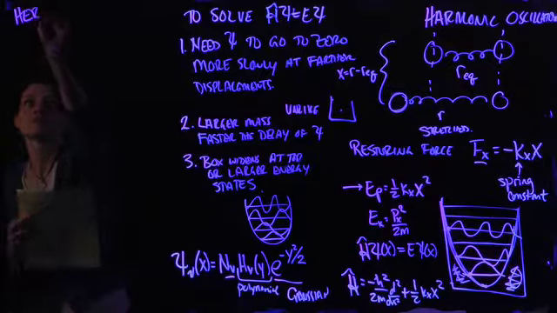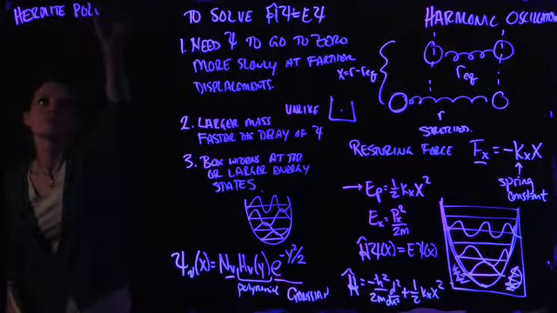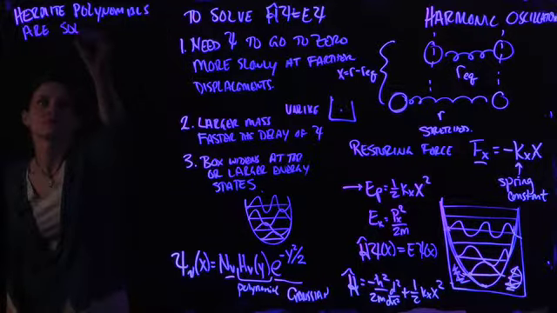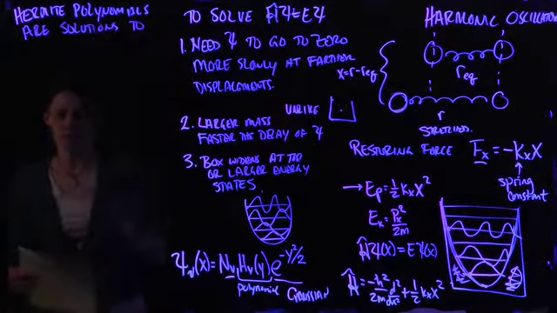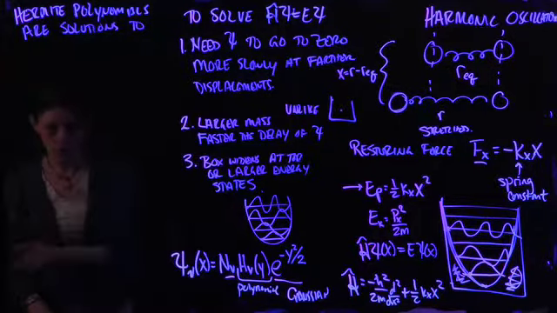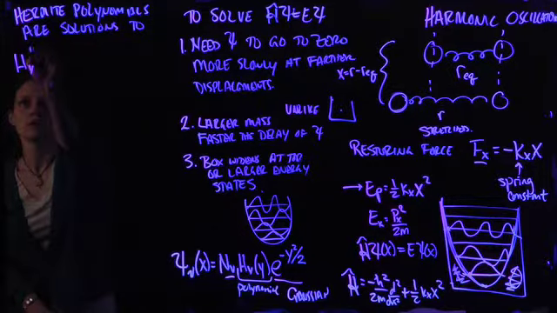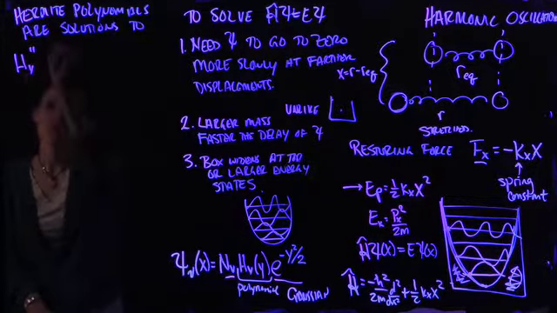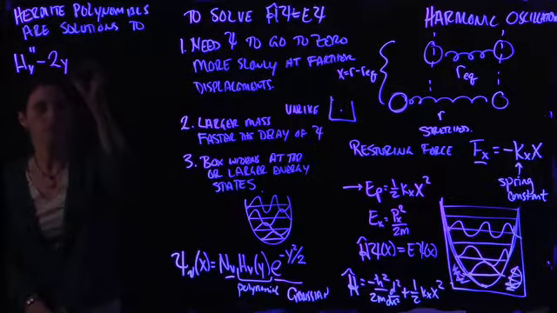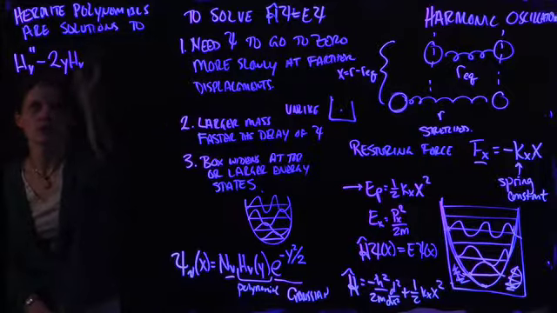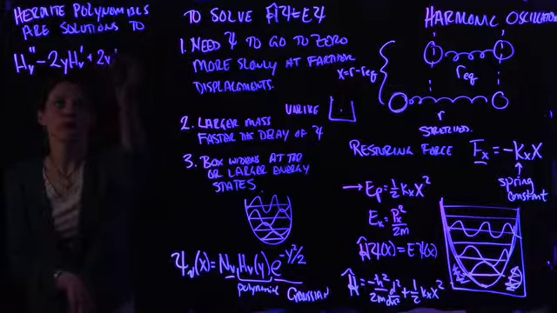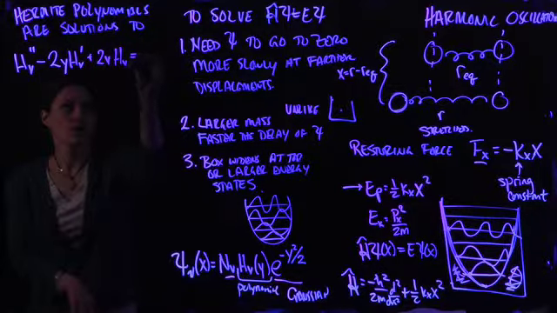So here's the equation that they would be solutions to: H_v double prime, the second derivative, minus 2y H_v prime, the first derivative, plus 2v H_v equals 0.